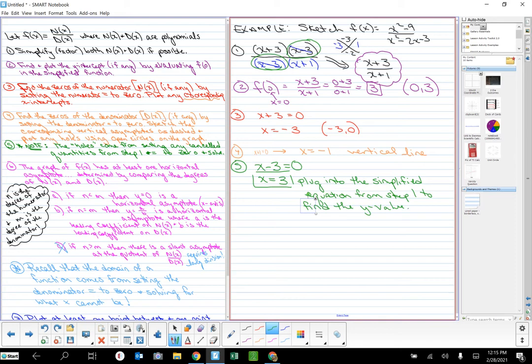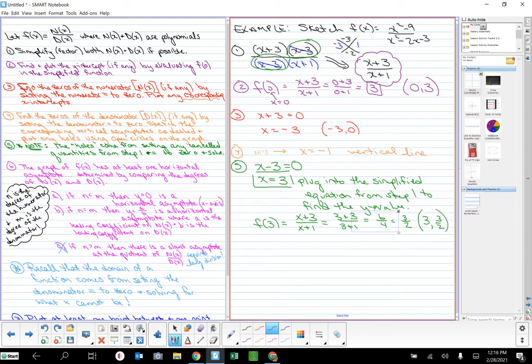So I need to find f of 3 in x plus 3 over x plus 1. This gives me 3 plus 3 over 3 plus 1, which is 6 over 4, which is 3 over 2. So I now have the point (3, 3/2), which is 1 and 1/2.